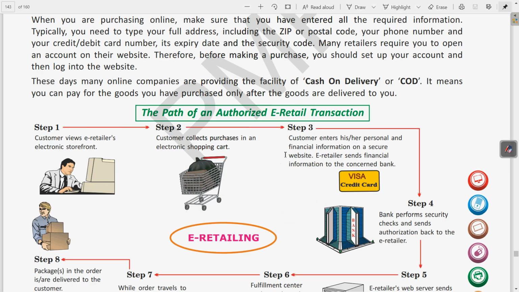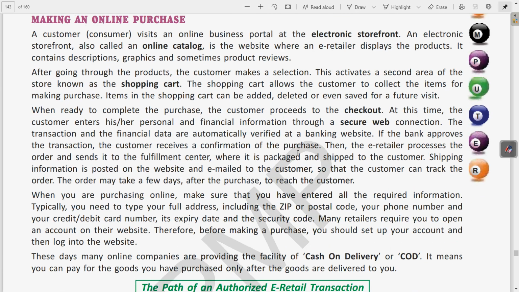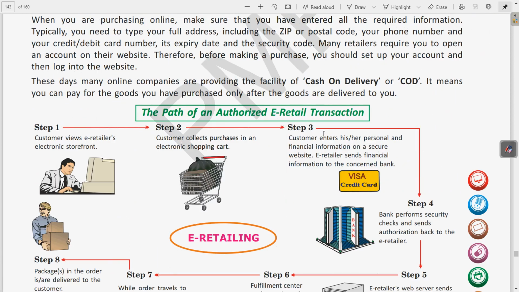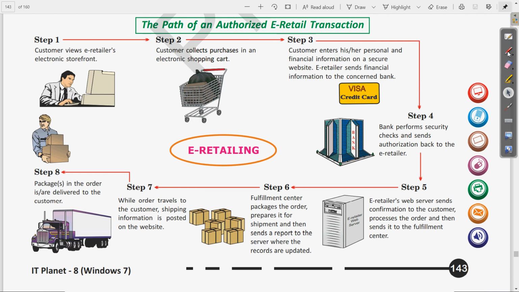So here before this we have seen about e-retailing, how to make an online purchase, and the different steps involved while ordering the product. First the customer visits the website where we can choose the items, then we add them to the shopping cart, then the personal financial details and the address where the product is to be delivered are provided.